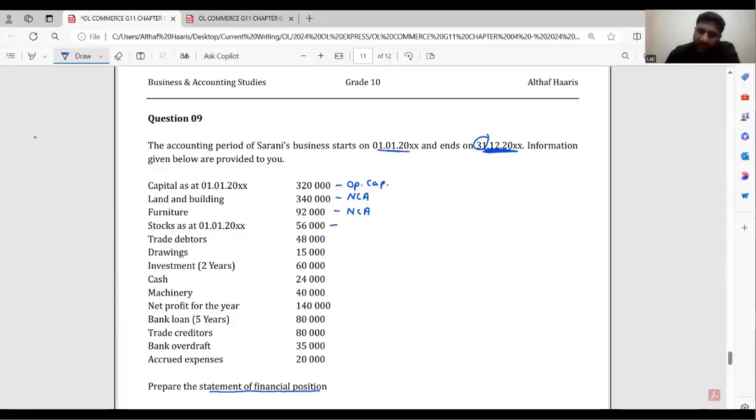In the balance sheet, we have to write the closing values.